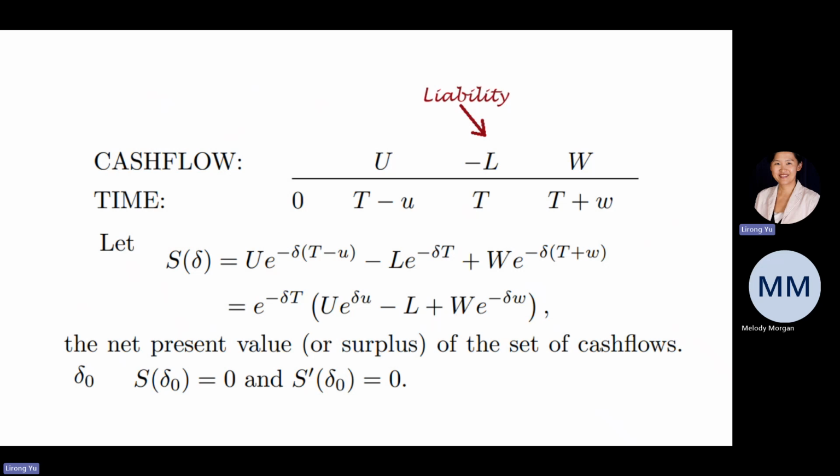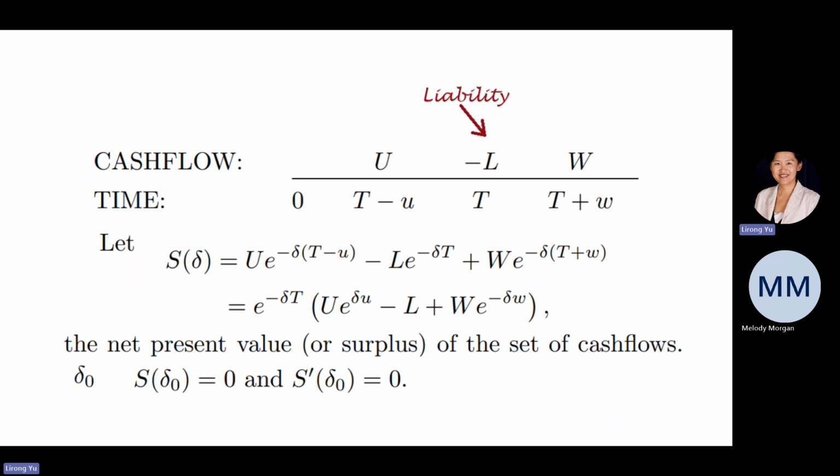So we can see that we can determine the quantities of U and W so that S of delta 0 is equal to 0, and the derivative also equals 0. So we can achieve a net present value equal to 0, and the duration of the liability and asset equal to each other. So the first derivative equals 0. Any question?